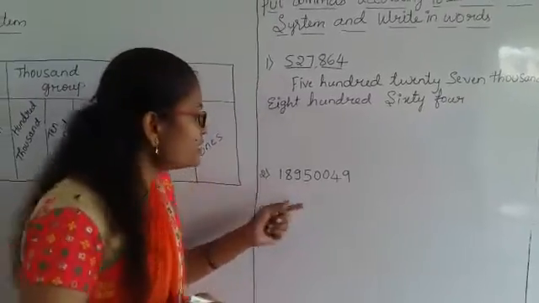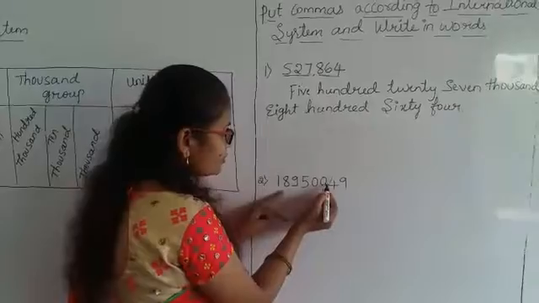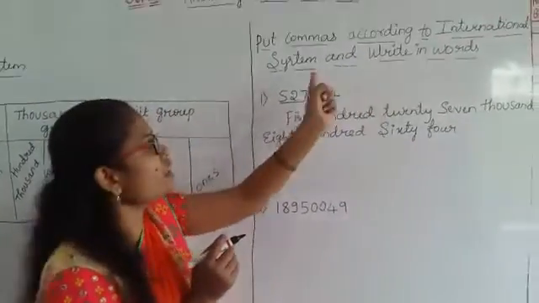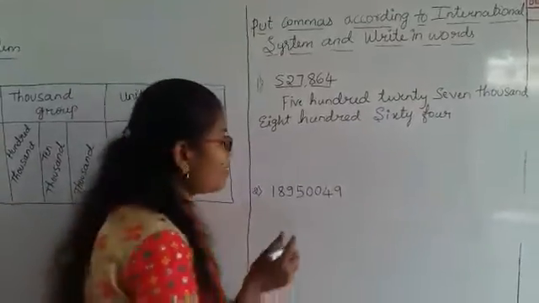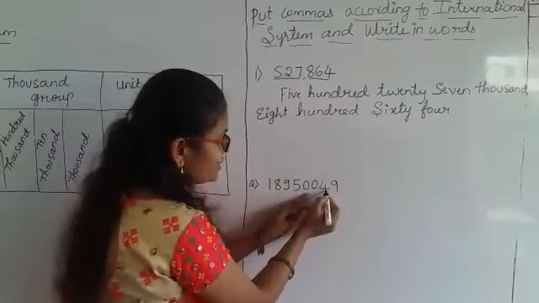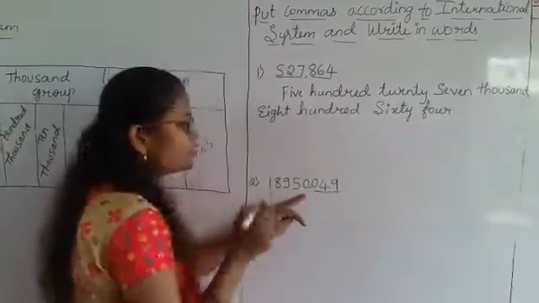Next problem. Now another example problem I have taken here. Here also I have taken some numbers: 189500049. For this number we have to put commas according to the international number system and write in words. Ones, tens, 100 come under the unit group, so we separate this group.